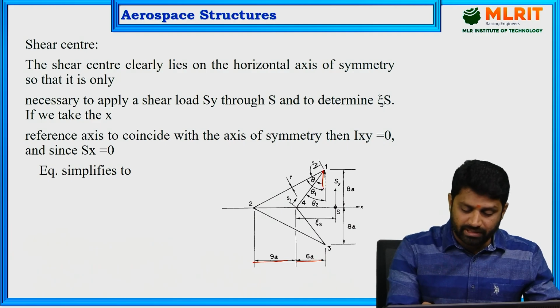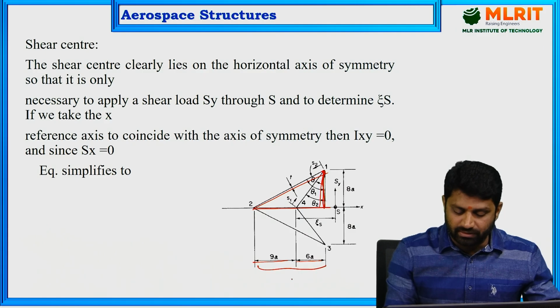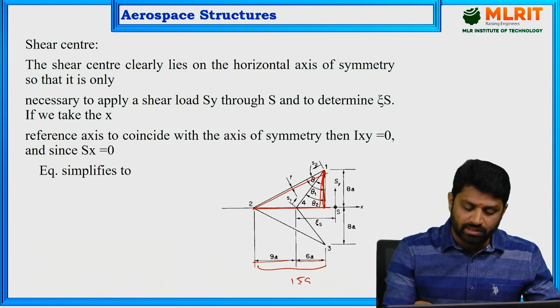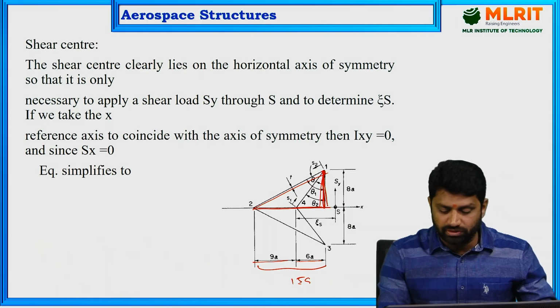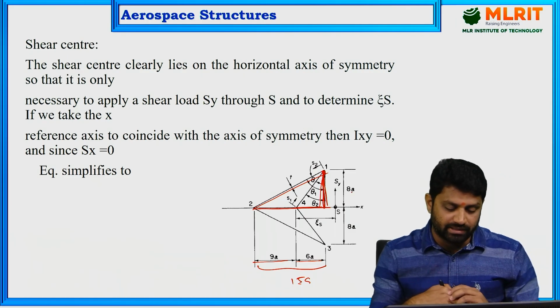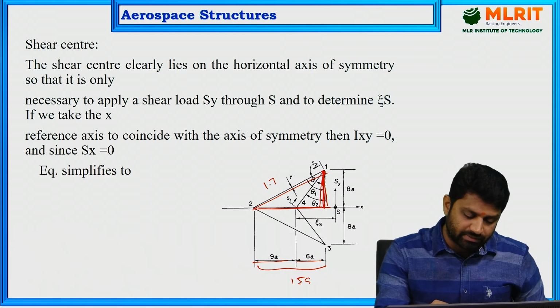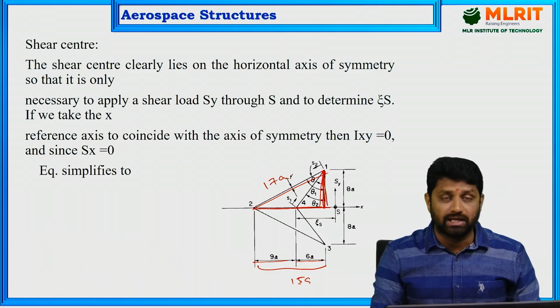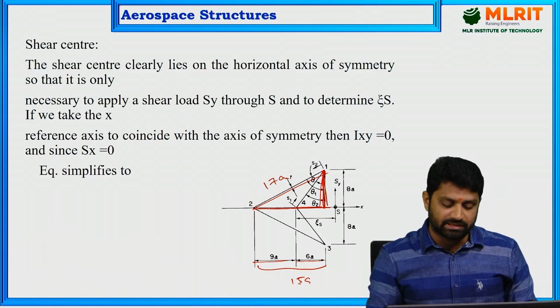If you make a right angle here, the total is 15a, and this is 8a. So 225 plus 64, and what you get is 17a. The wall length 1-2 is 17a.